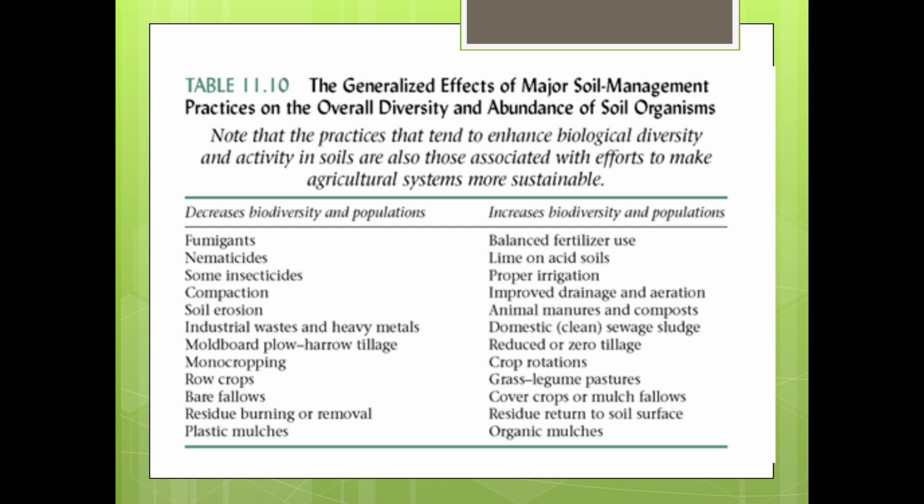So we have here two columns. On the left side, we have a column which decreases biodiversity and population. And the right column increases biodiversity and population of organisms in the soil.